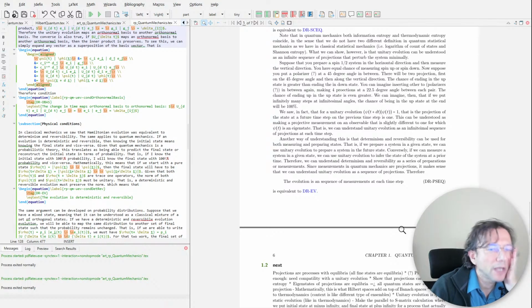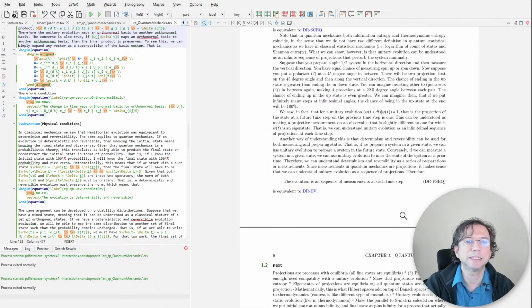Do I have anything else? In classical mechanics we had determinism, reversibility, thermodynamic entropy, information entropy, and uncertainty. I don't think I'm going to be able to make anything with the covariance matrix in quantum mechanics. So I think that's basically it.